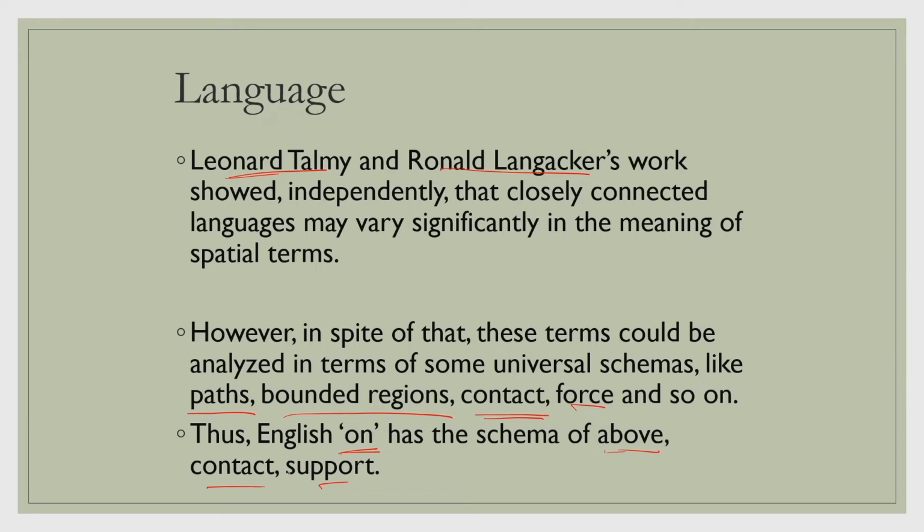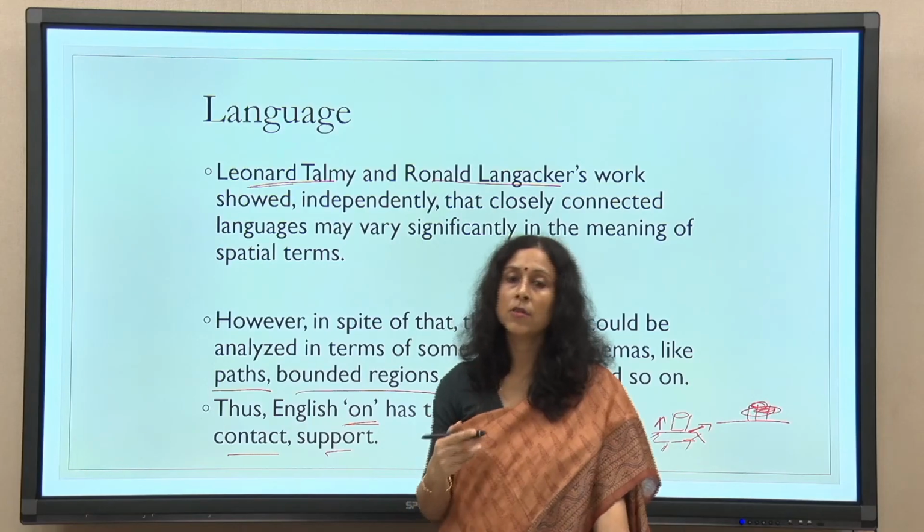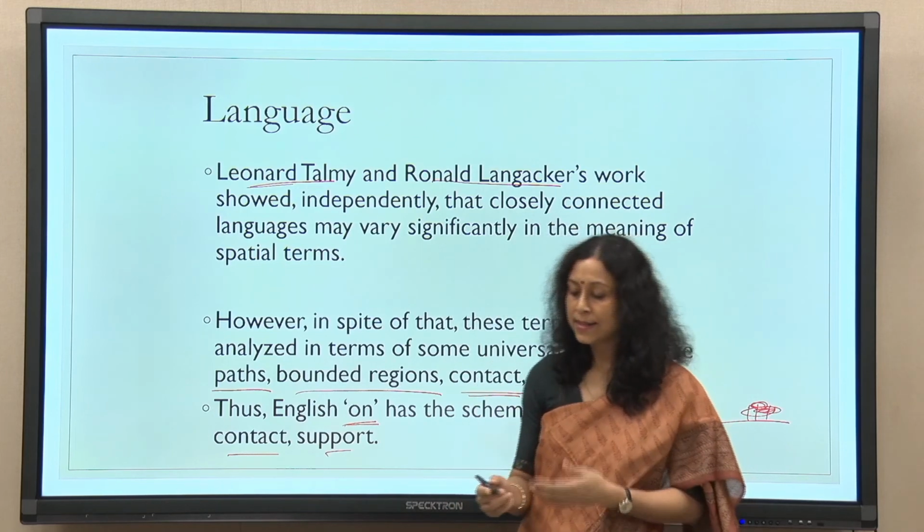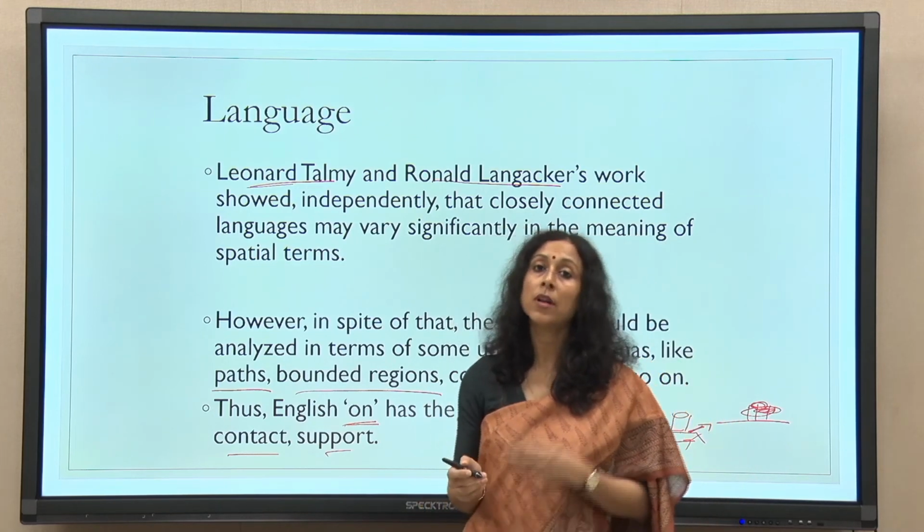It is something like this is a table and this is, let us say, a glass bottle on the table. So, this is above it, this is the orientation part that is taken care of. There is a contact that is important in order to use the word on. If there is no contact, English will prefer the word above.